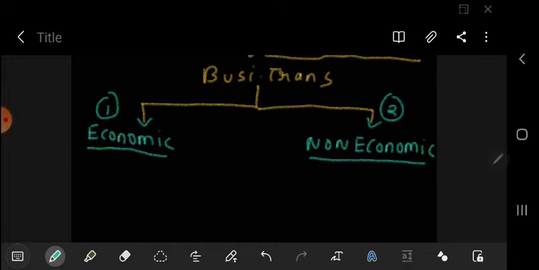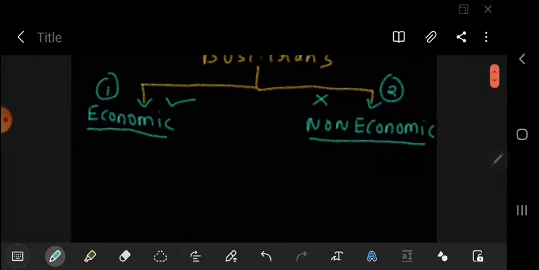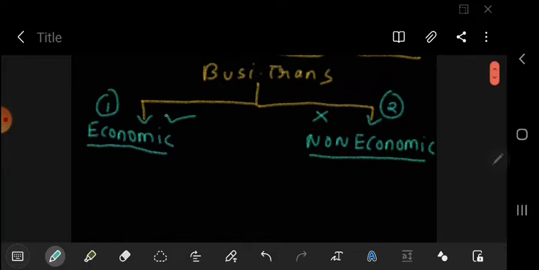Both of these transactions happen in the business, but economic transactions are recorded in our accountancy, and non-economic transactions are not recorded in our accountancy books. So economic transactions, first of all we are clarifying the concept.